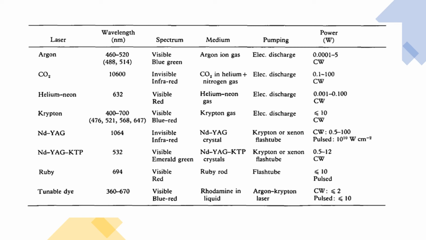The wavelength of diode lasers are near the infrared region and range between 805 and 1064 nanometers. Diode lasers can be used in both contact and non-contact mode, and can function with continuous or gated pulse mode. They can be used to cut or burn soft tissues, mostly.